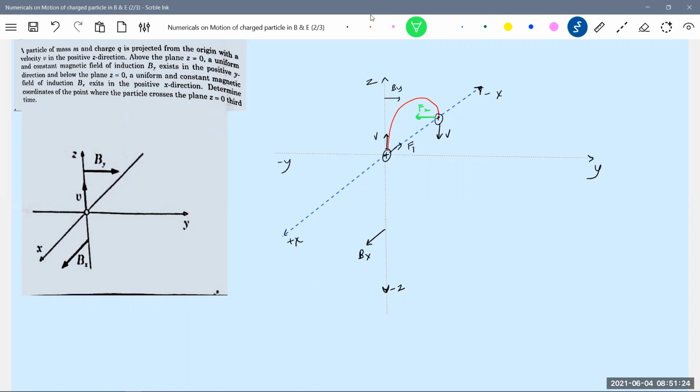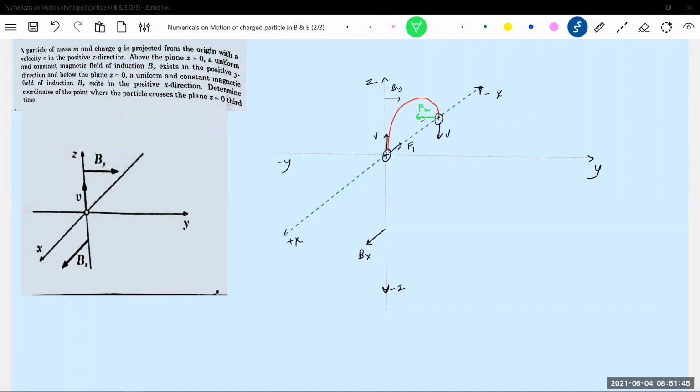Okay, if I put a rough diagram, you will get confused. The z minus y plane. Then again it will enter into the plane. Three-dimensional is not possible for me to show. It will enter the minus z minus y plane.